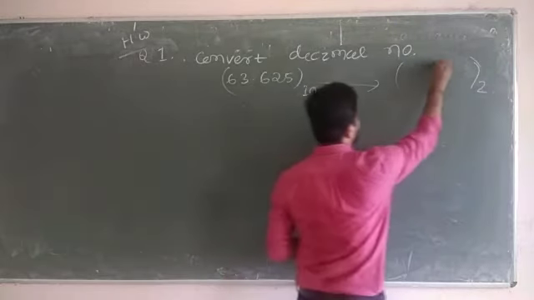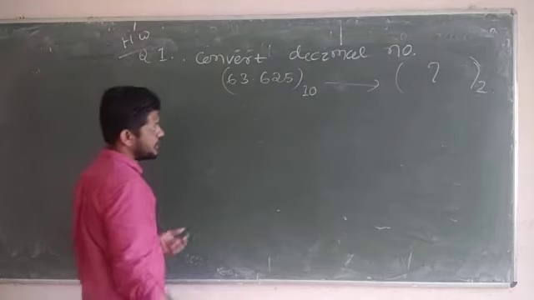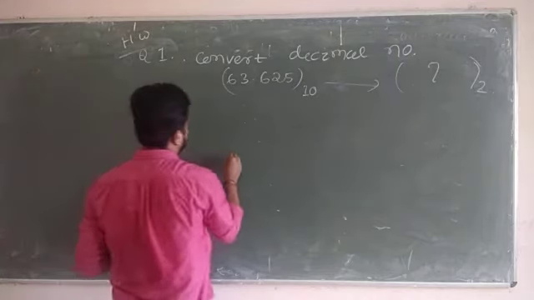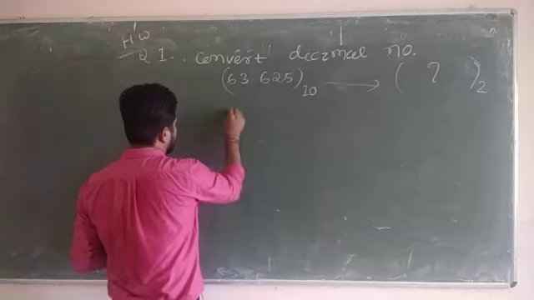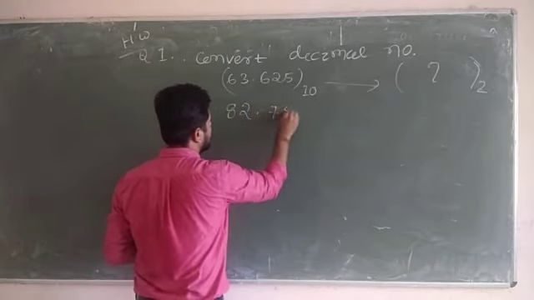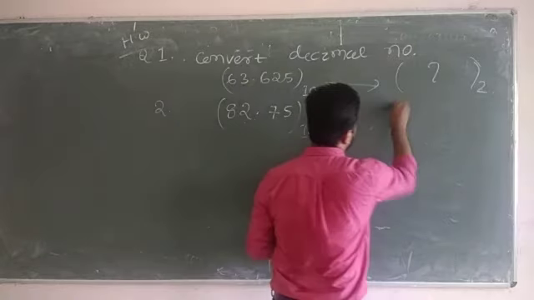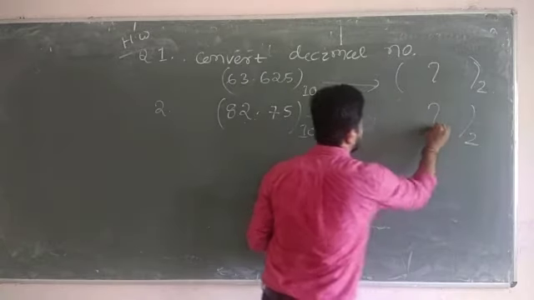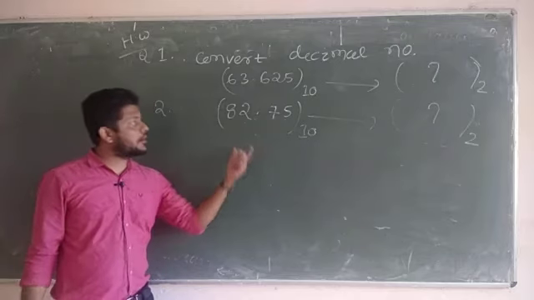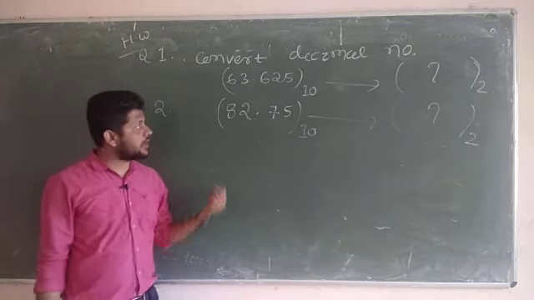You need to calculate this binary number for 63.625 base 10. The next question is 82.75. Also try this question and convert it into binary. Try these two problems by yourself, and if any doubt arises, you can ask me.